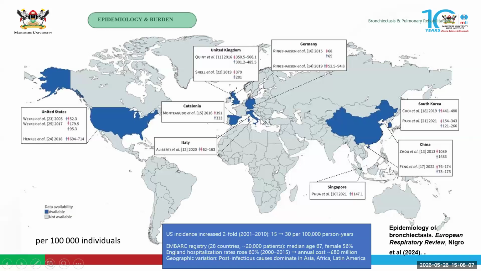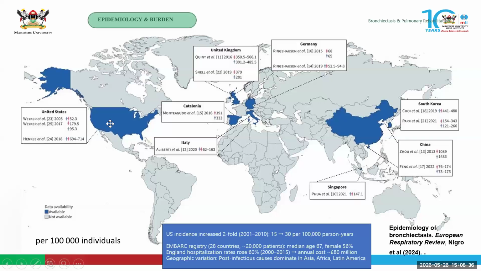When we look at how common it is, the map shows that, like I mentioned, it is of importance, but we do not have much evidence. That would fit among the forgotten diseases.